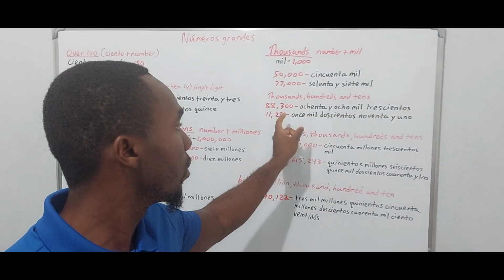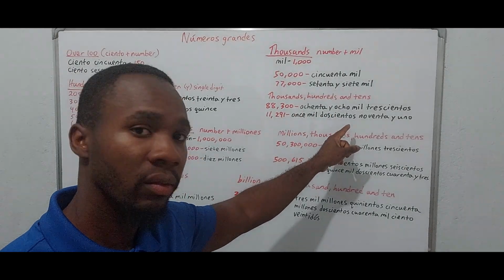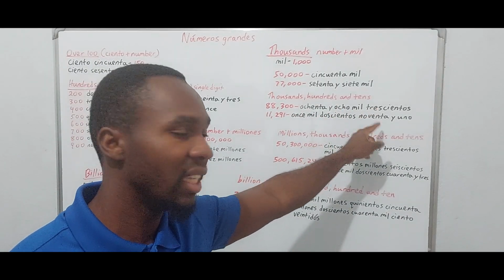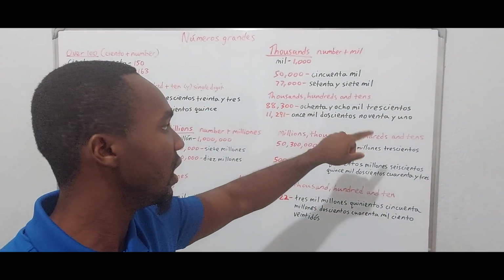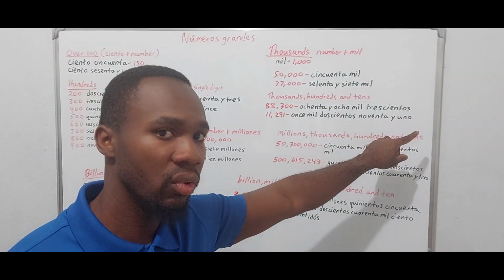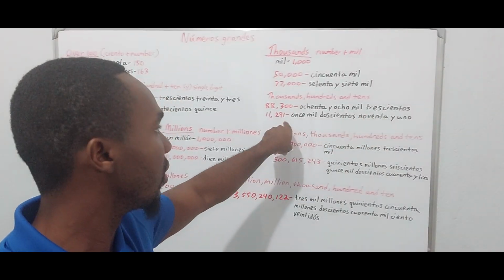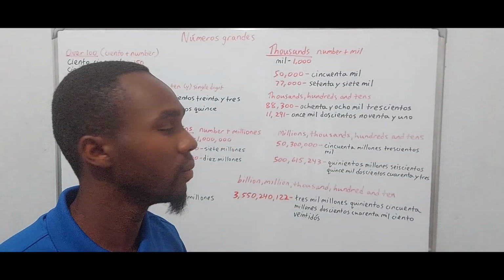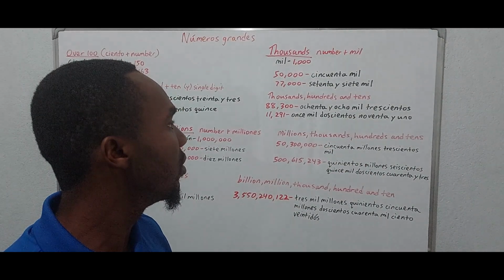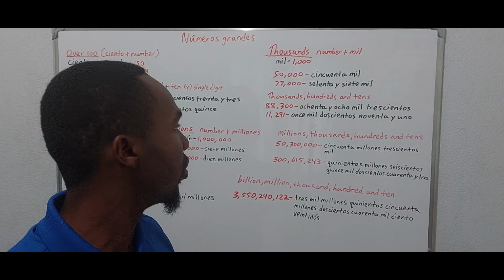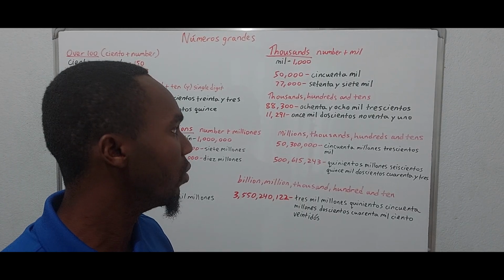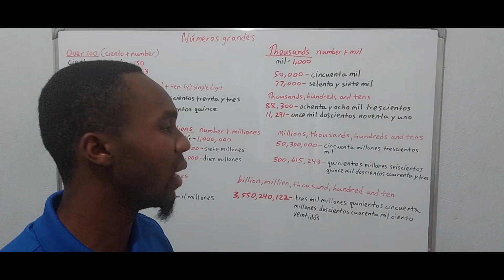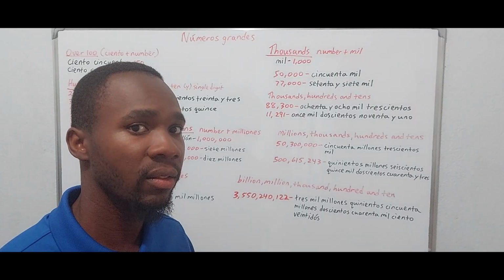Then 291. So we would use E between 91 and uno because that separates the 10 from the single digit. That's when you have thousands, hundreds, and tens.